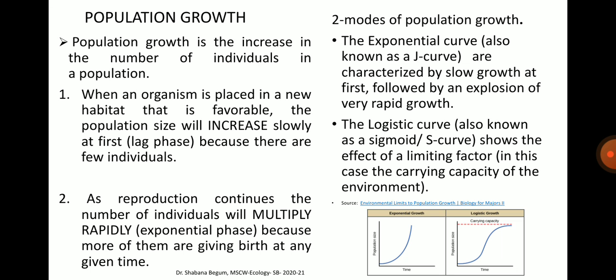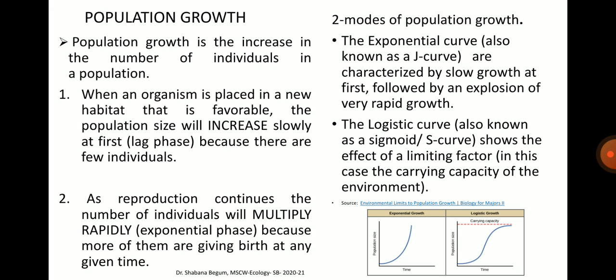The characteristic growth of a population is represented by population growth curves. Such a curve can be plotted if the number of animals is noted against time. The two modes of population growth are, first, the J curve or exponential curve, which is characterized by slow growth at first followed by an explosion of very rapid growth.